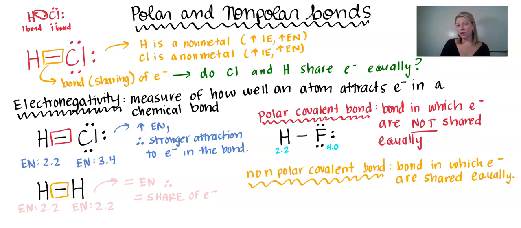So if fluorine is holding on to those electrons that are being shared a little bit more than hydrogen, then fluorine is going to be a little bit more negative than hydrogen, and hydrogen is going to be a little bit more positive. And that's the creation of our dipole.